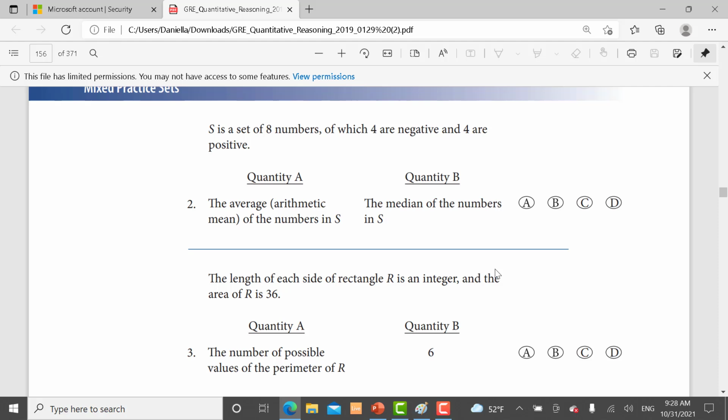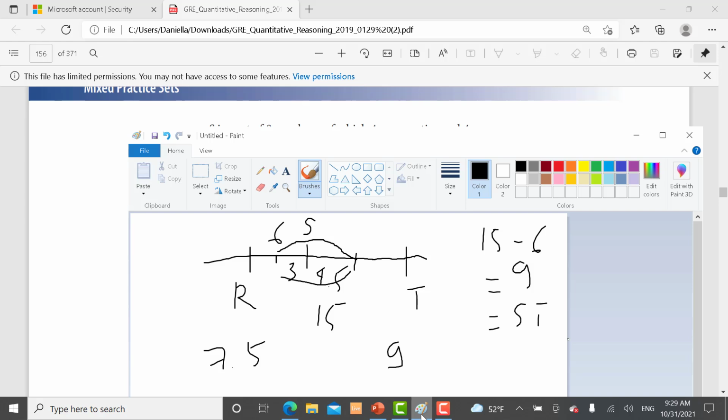Alright, now let's go to question 2. S is a set of 8 numbers, of which 4 are negative and 4 are positive. Quantity A, the average, arithmetic mean of the numbers in S. B, the median of the numbers in S. So I'm going to clear my whiteboard.